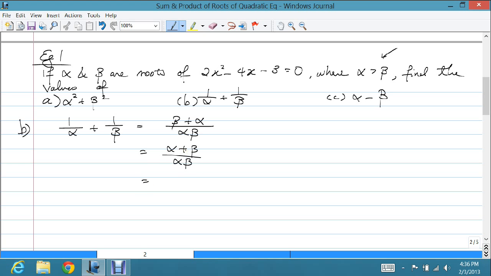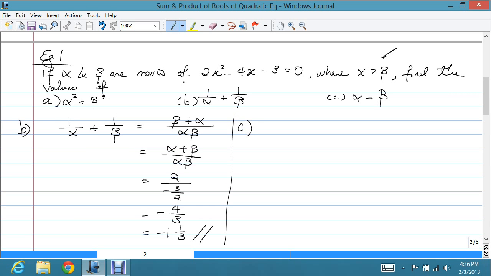And we know the top and the bottom. Alpha plus beta is 2. Alpha times beta is negative 3 over 2. So we get negative 4 over 3, or negative 1 and 1/3. Okay, let's move on to C.